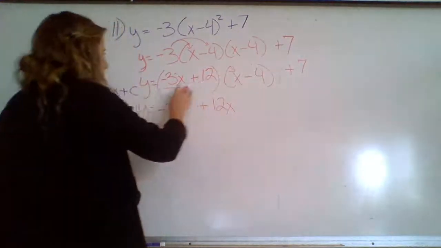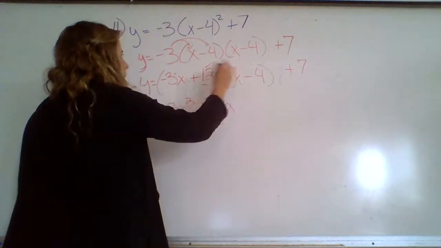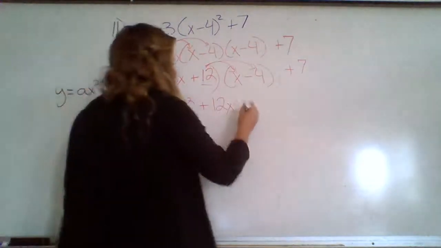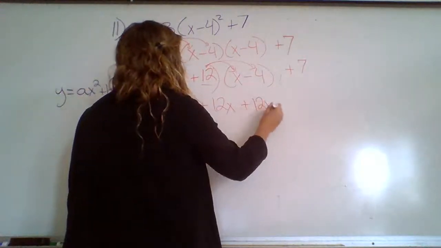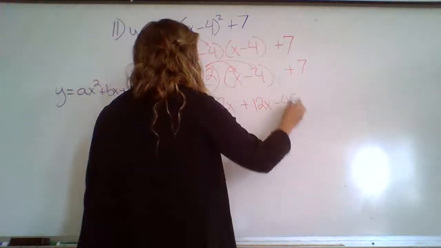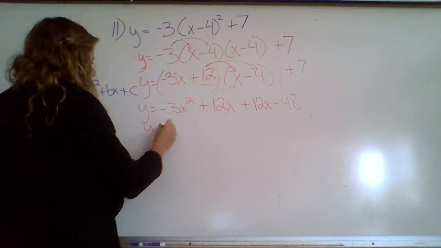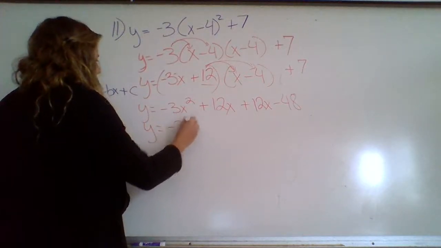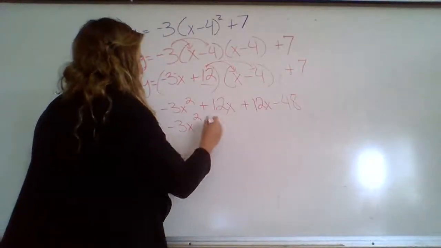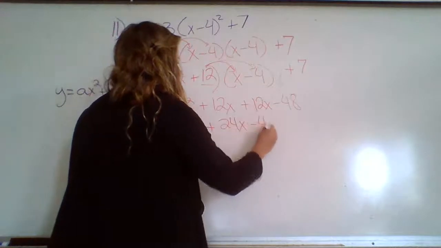So then move on to your 12 and distribute it. 12 times x is 12x. 12 times -4 is -48. Combine your like terms, so y equals -3x squared. 12x and 12x is 24x minus 48.